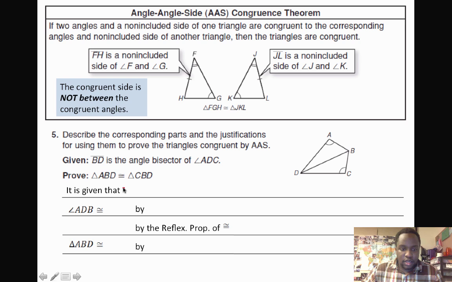Angle A is congruent to angle C. It's also given that BD is an angle bisector of angle ADC. So therefore, angle ADB is congruent to angle BDC by definition of angle bisector.